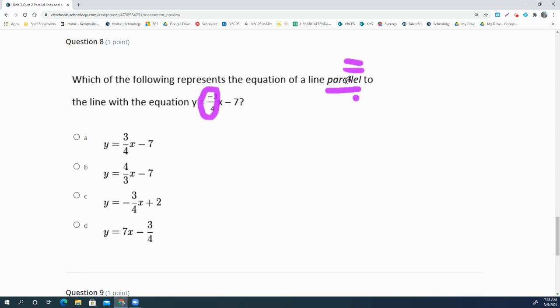So which of these equations has that exact same slope? All you're going to do is look for that same coefficient in front of the x, and it should be this one. Yep, for me it's C.